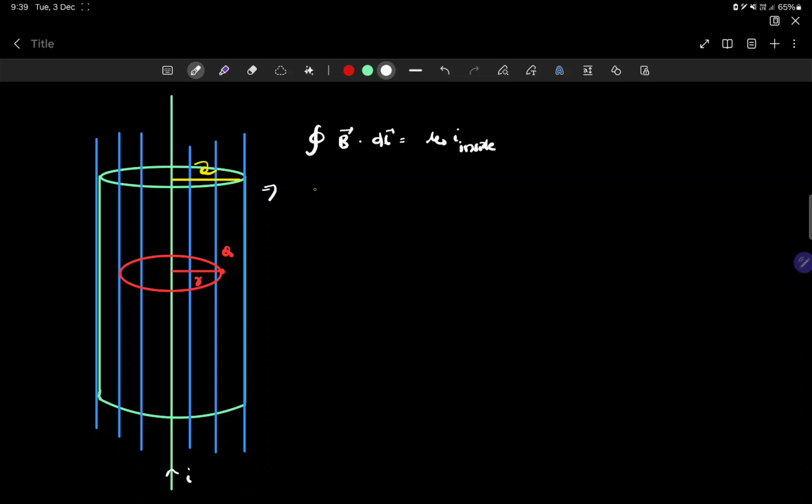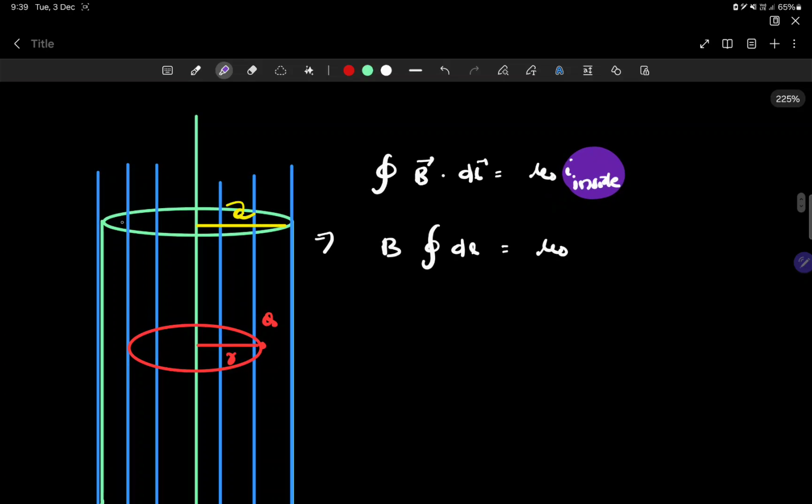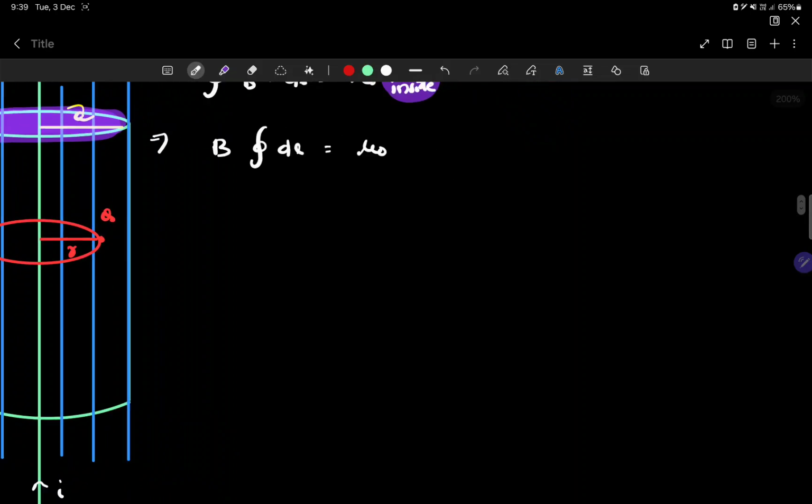Again it will be B, mu naught. And what is the value of I inside? I inside means the amount of current inside this Amperian loop. If you observe it properly, through the area pi a square, the total current I is flowing.